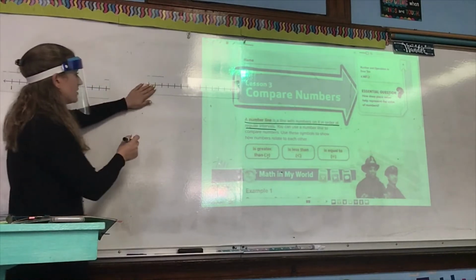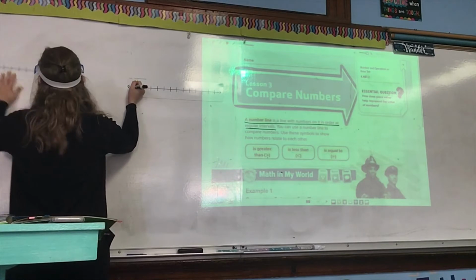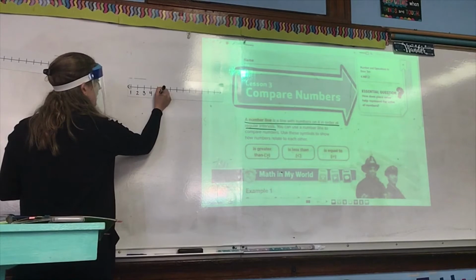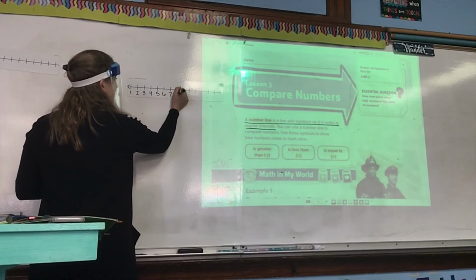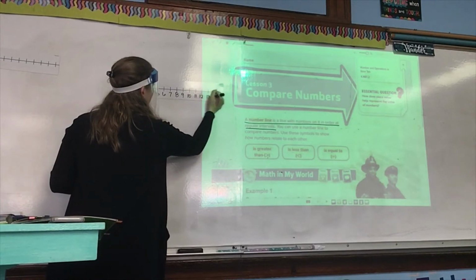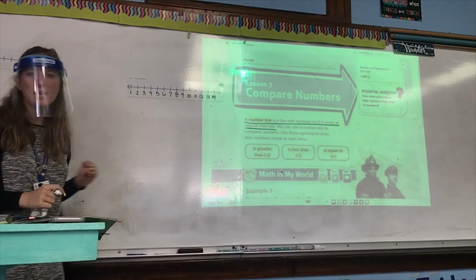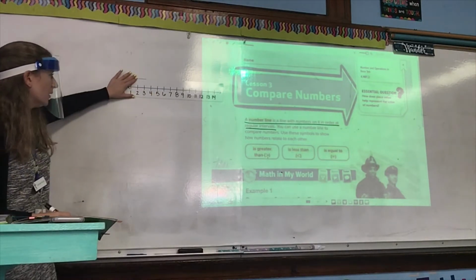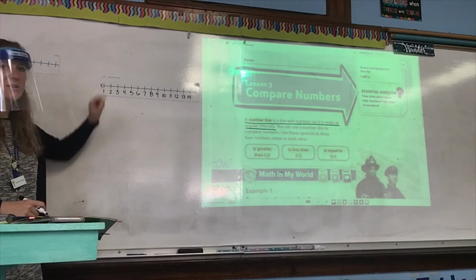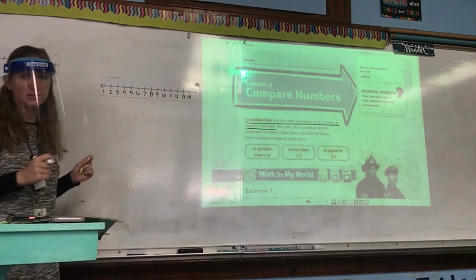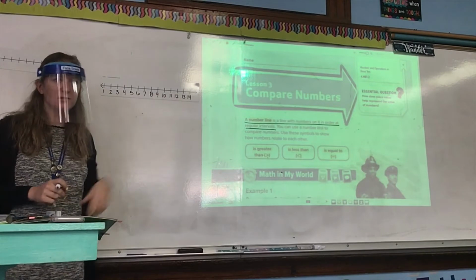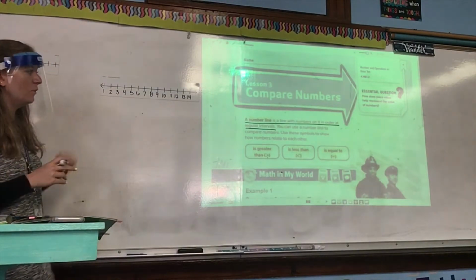We don't need both, so we can just do this one, because you can't see that one at home. 1, 2, 3, 4, 5, 6, 7, 8, 9, 10, 11, 12, 13, 14. So this is a number line. You've all seen it before. Regular intervals means there's the same amount of space and the same amount of numbers between each interval. So here each tick mark is one number more than the one before it.